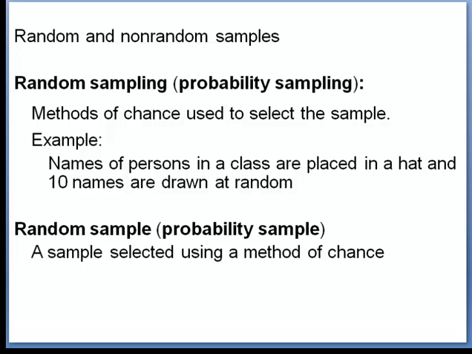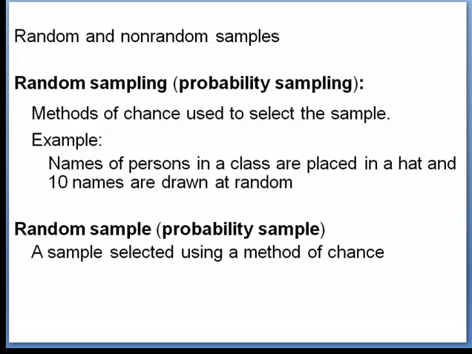There are two basic types or divisions of samples in social science. There are random samples and non-random samples. Random sampling and probability sampling are synonyms, and in random sampling, methods of chance are used to choose the sample.